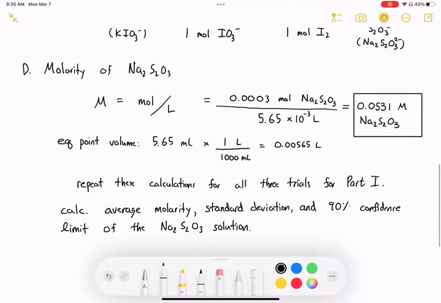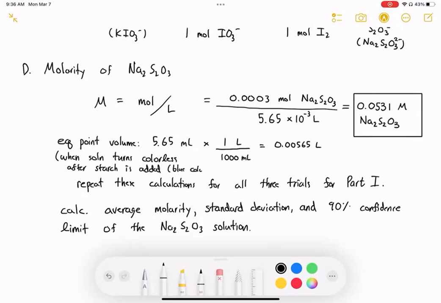So remember, the equivalence point volume is where the solution turns colorless after starch is added and you form a blue color.